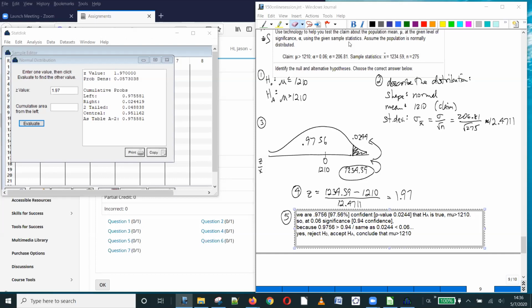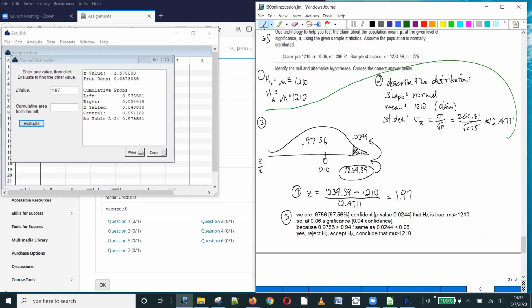So one of the things that I mentioned in the lecture videos, which I want to emphasize again here, is that doing a hypothesis test question, if you just look at steps 2, 3, and 4, that is exactly the stuff that we've done before in chapter 5, I think. Setting it up with your mu in the middle, calculating, getting your z-score, getting your area.